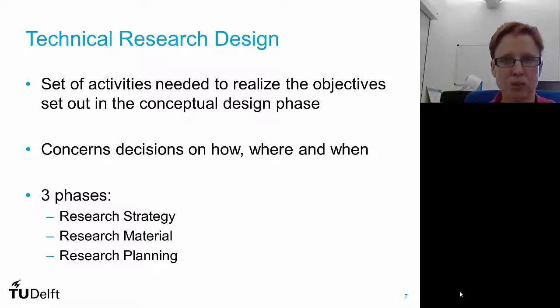That is the first part of what is sometimes lovingly called killing off your darlings. It's a bit of a shaky expression, but it means that some of the things that you really care about in your research may not contribute to the answers of your thesis. So, as much as you like doing them, they are not part of the research that you need to do. Now, the technical research design can also be defined in 3 phases: the strategy, the material, and the planning.